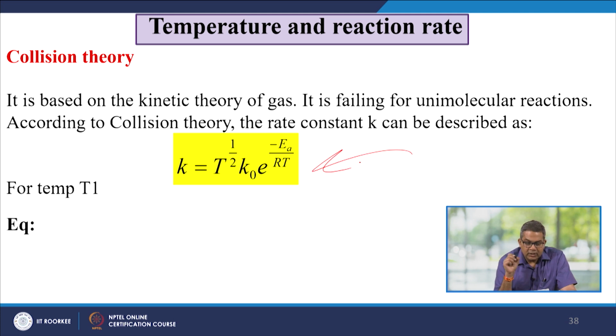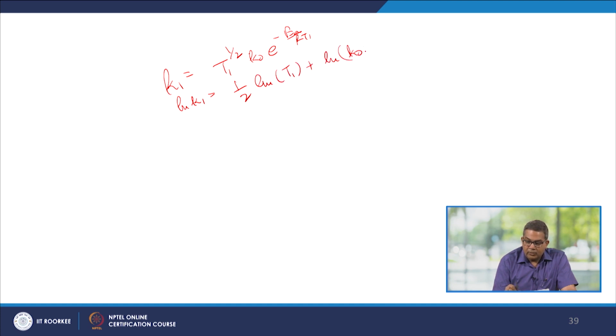So, let us take temperature T1; the equation can be represented as K1 is equal to T1 to the power half K naught e to the power minus EA over RT1, and ln K1 is equal to 1 upon 2 ln T1 plus ln K naught minus EA upon RT1.